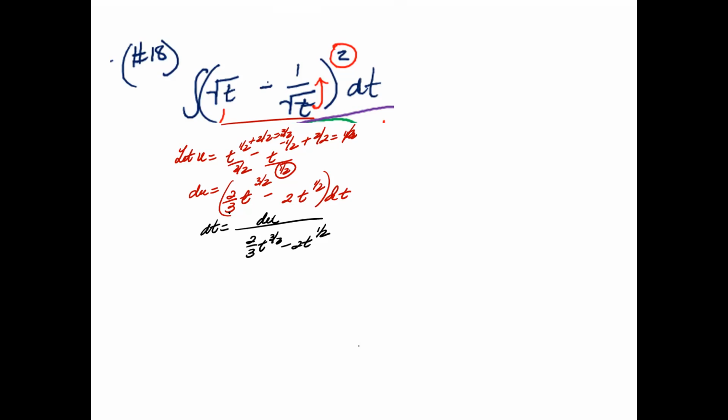And if I were to replace this back over here, I would have u squared times dt, replacing the dt, du over 2/3 t to the 3 over 2 minus 2t to the 1/2. I just don't see any way that I will even be able to replace a t by solving the t in terms of u to be able to cancel this. I mean, this is just really, really ugly. It just gets horrible and horrible.